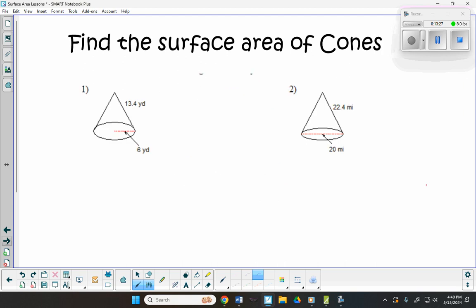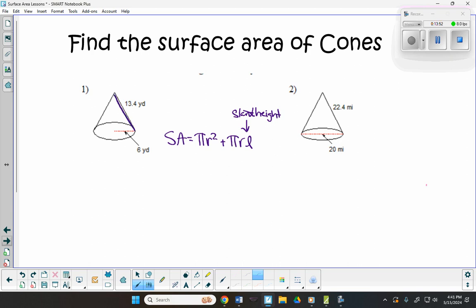All right, next we have surface area of cones. Now the formula for the surface area of a cone is pi r squared, that would be the area of the circle, plus pi r L. L is the slant height. So it's this height right here.